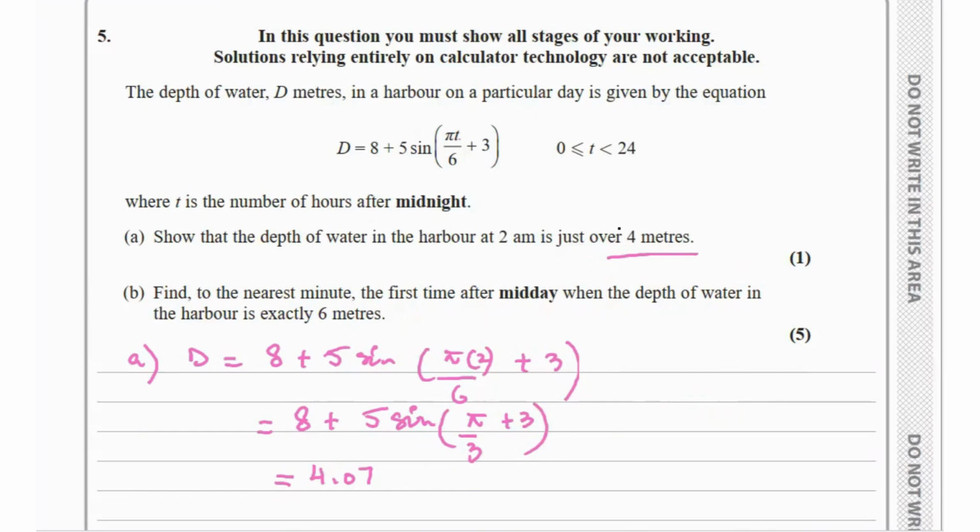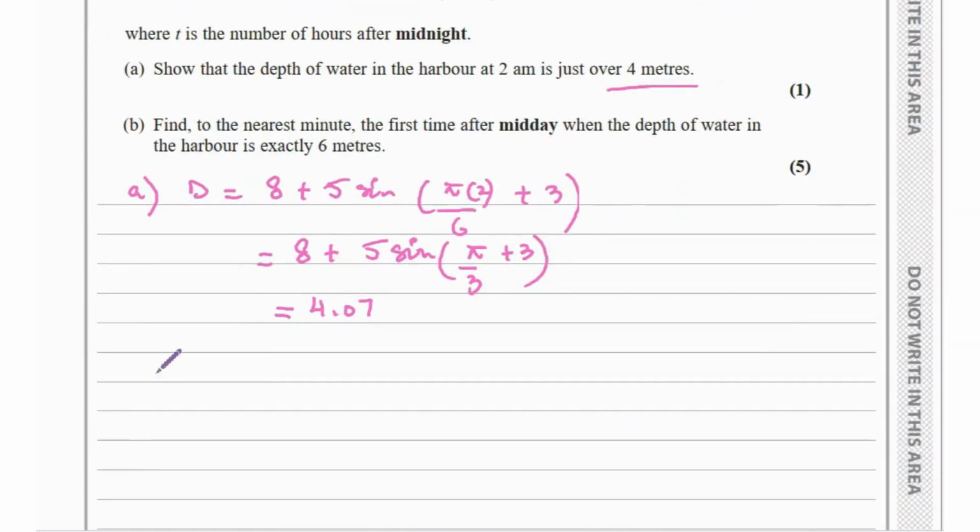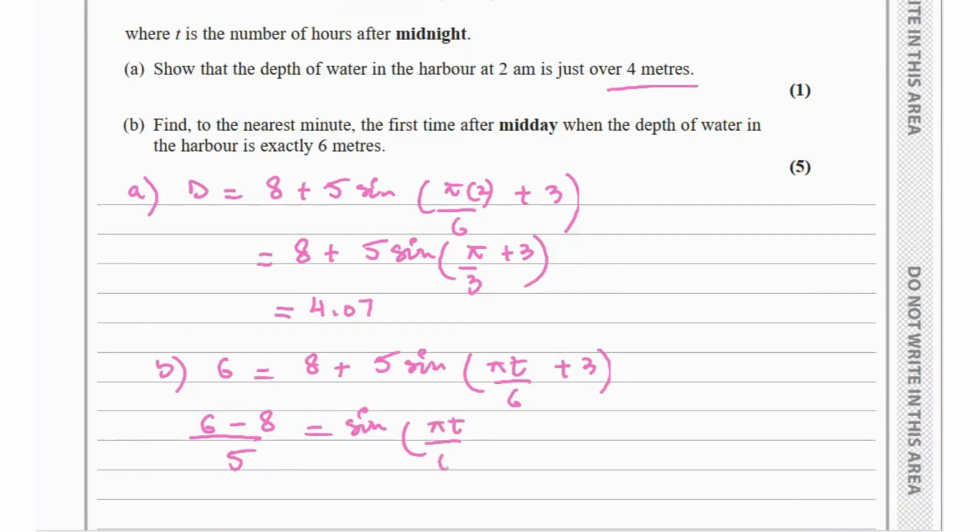So you put d as 6 and find the value of t. So 6 = 8 + 5 sin(πt/6 + 3). (6 − 8)/5 = sin(πt/6 + 3).